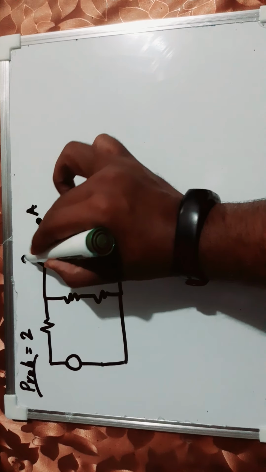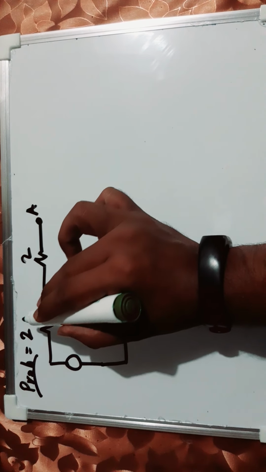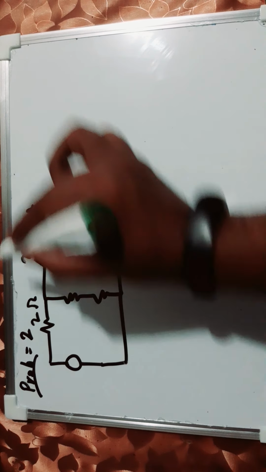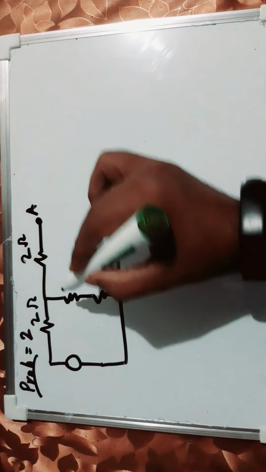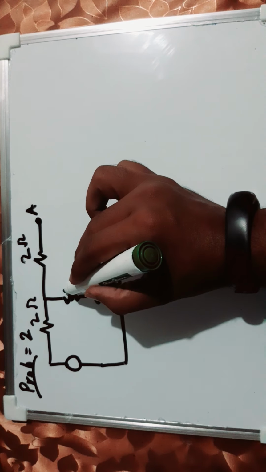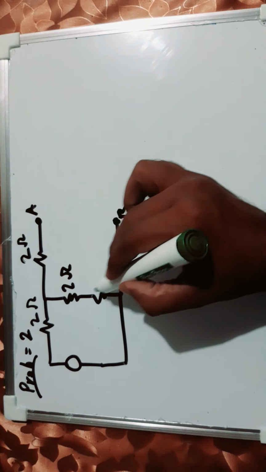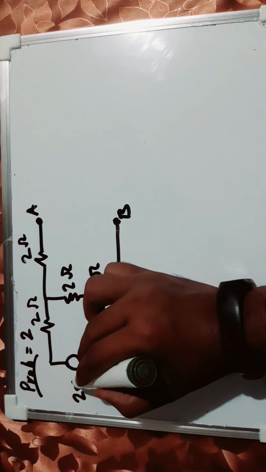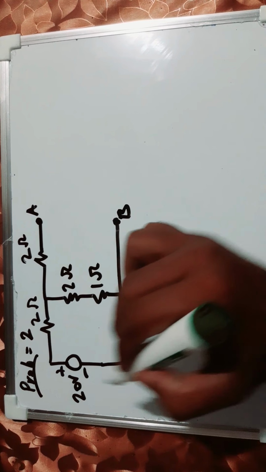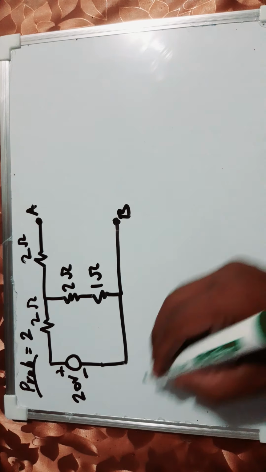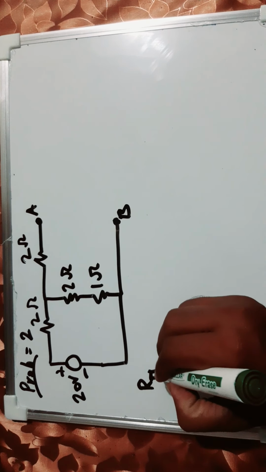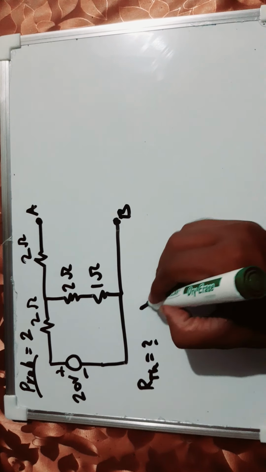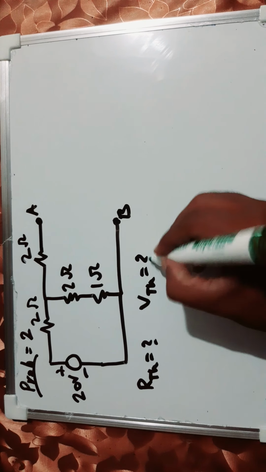This value is 2 ohm, 2 ohm, 2 ohm, and 1 ohm, and 20 volt. So what do we have to find? We have to find the Thevenin equivalent resistance and Thevenin equivalent voltage.